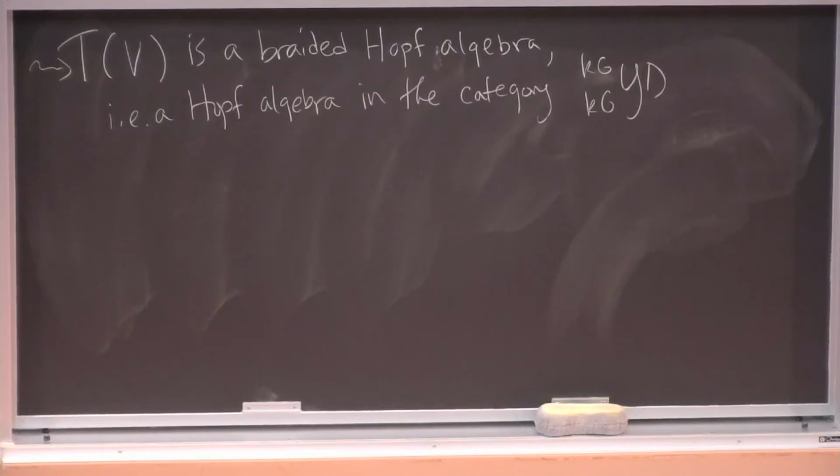So the notation, KG superscript KG subscript YD, is the category of all such.